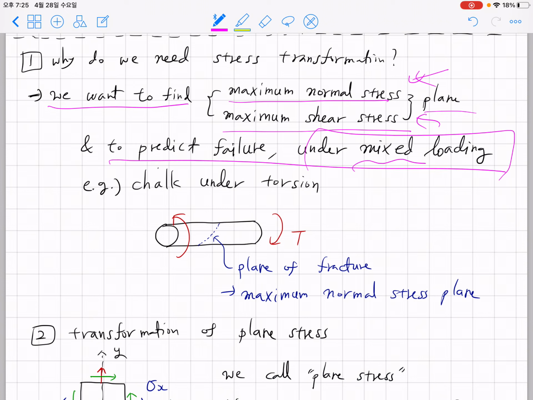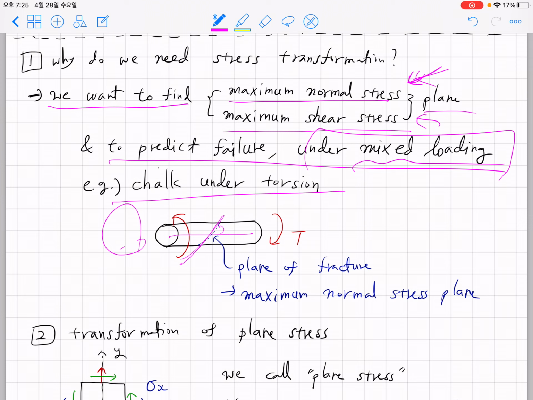Please also remember that we want to predict failure in mixed loading. One quite famous example you might remember is the torsion of chalk. When you twist a piece of chalk, the plane of fracture occurs at a 45-degree angle to the long axis, and actually this 45-degree plane is the plane with the maximum normal stress, and the failure occurs along it because this is a brittle material.